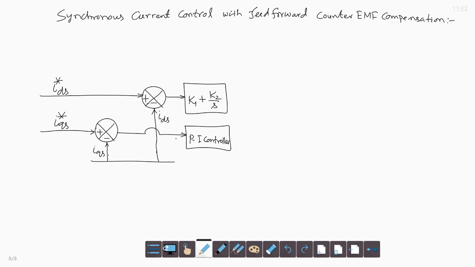So, these IDS and IQS for feedback are obtained from 3 phase to 2 phase and inverse vector rotation.